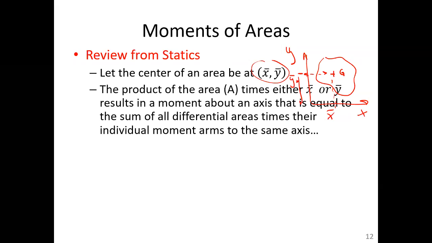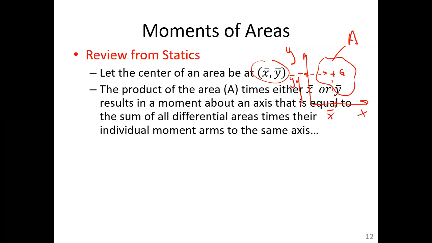However, to complicate life, what we do is take the total area itself and multiply it by a moment arm to get its moment about either the arbitrary x or y axis. So we could take the area A and multiply it by y bar, and that would give us the moment about the x-axis.